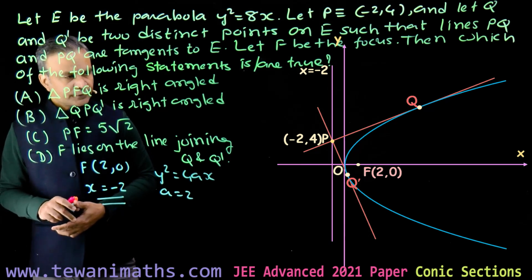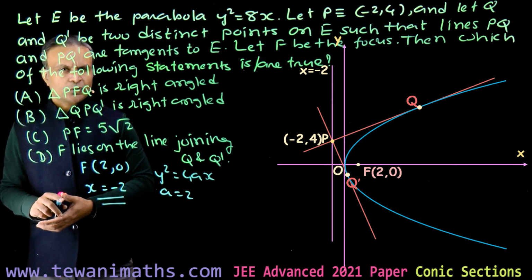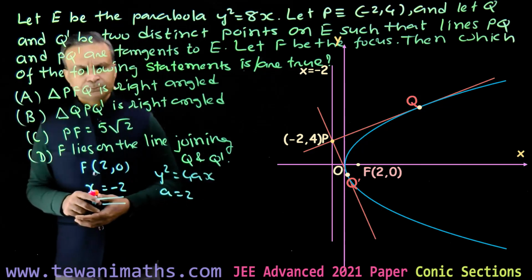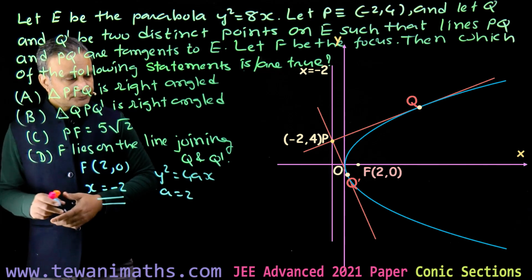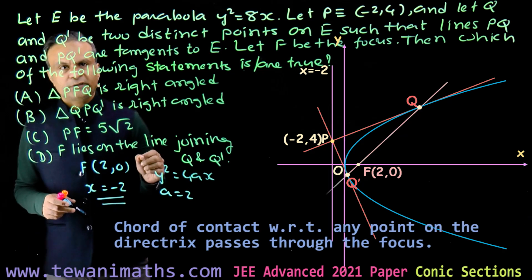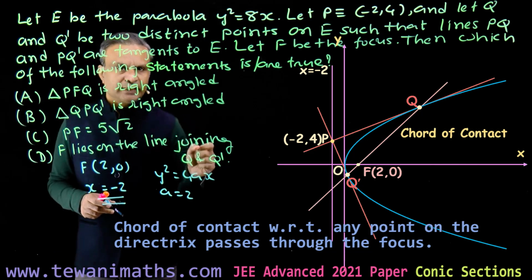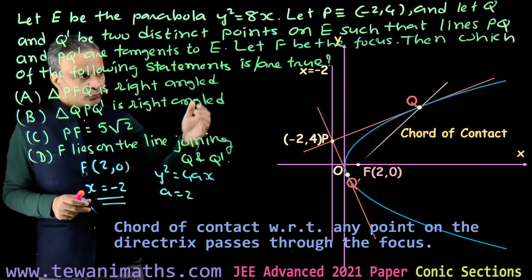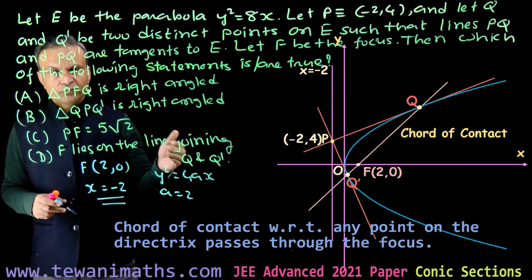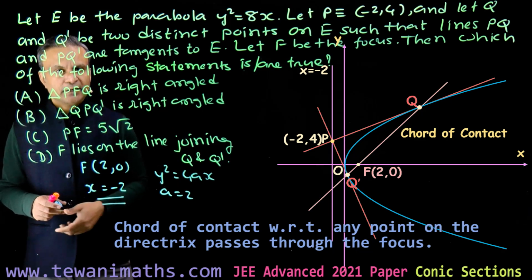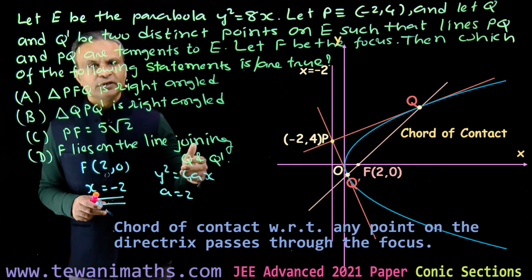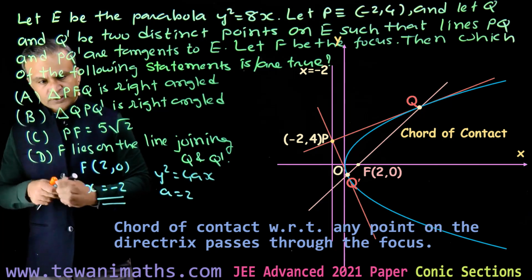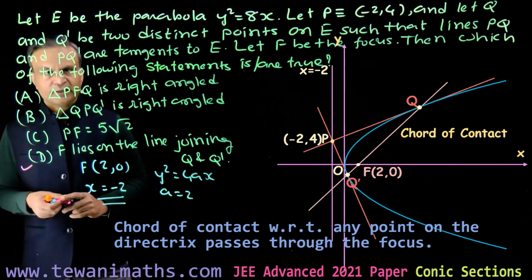Now we have the property of focal chord and tangents of a parabola, that the chord of contact with respect to any point on the directrix always passes through the focus. Here QQ dash is the chord of contact with respect to point P. Point P lies on the directrix, so definitely QQ dash will be the focal chord. Okay, so here option D will be correct.